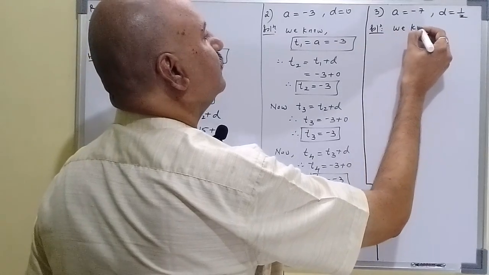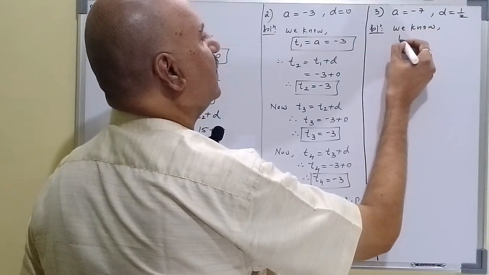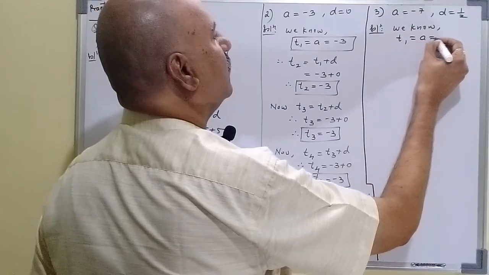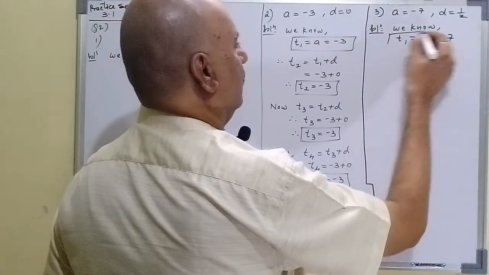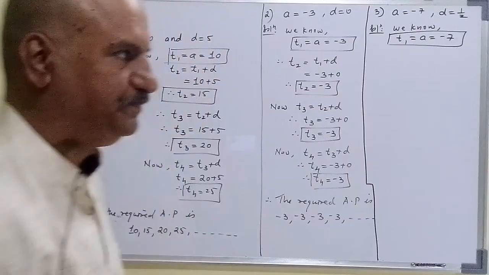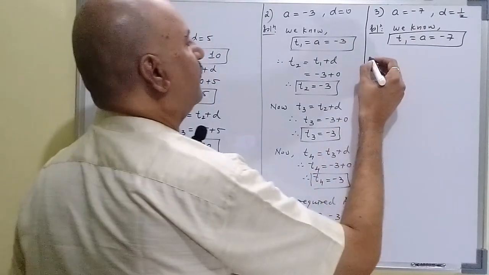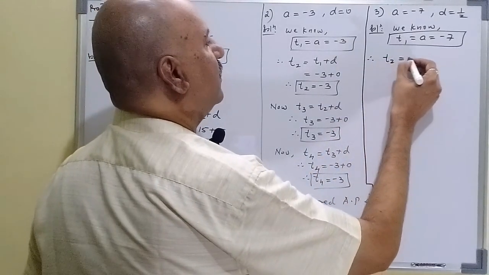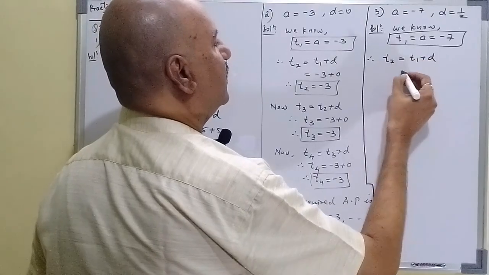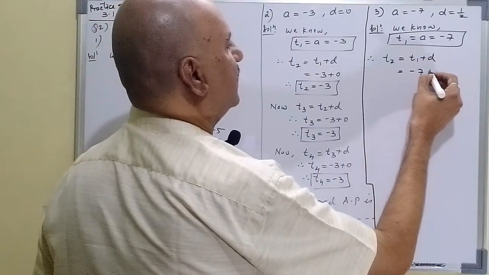We know, हम क्या जानते हैं, T1 equal to A equal to -7. First term we know. Therefore, T2 क्या होगा, T1 plus D. So -7 plus half.